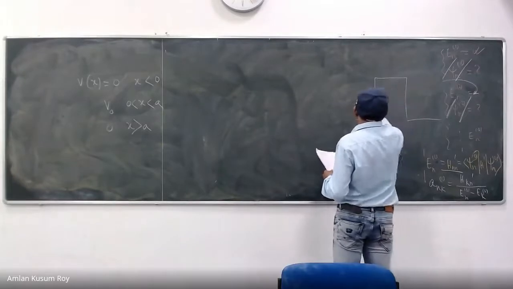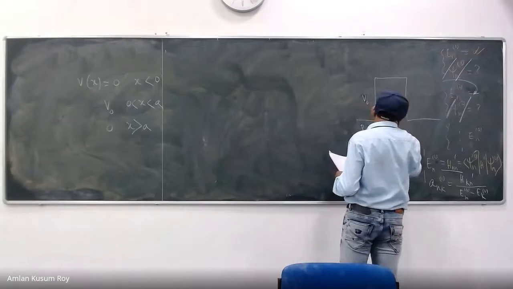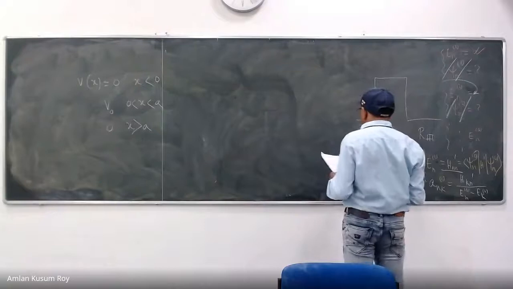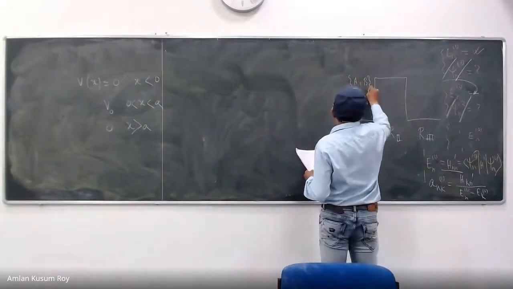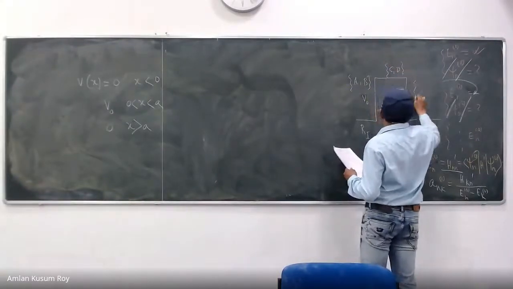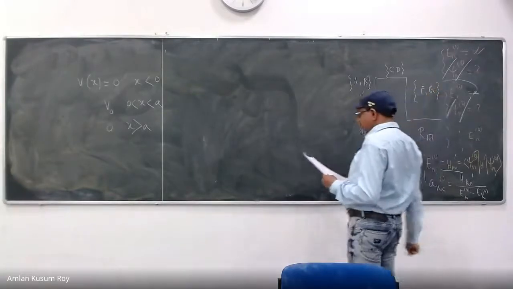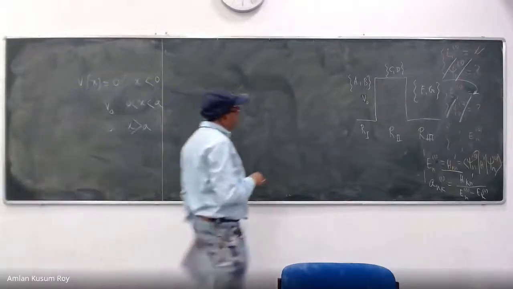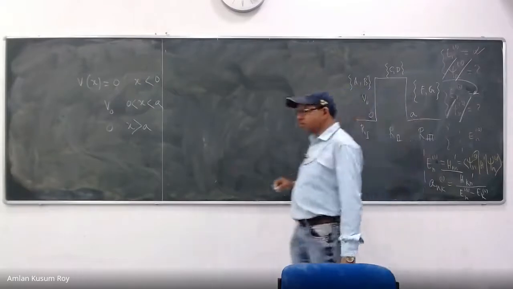This is region 1, this is region 2, this is region 3. I am going to describe these by the coefficients A, B, then C, D, and this is F, G. I leave out E because it could be confused with energy. This is 0, this is a. That is the problem.